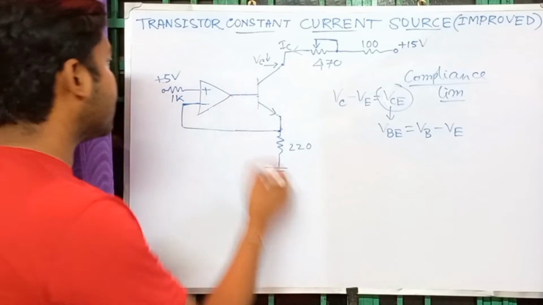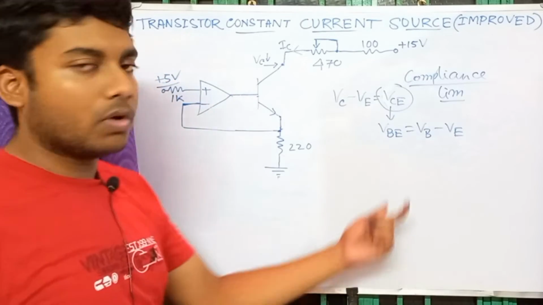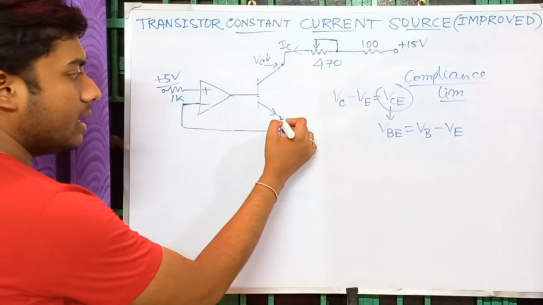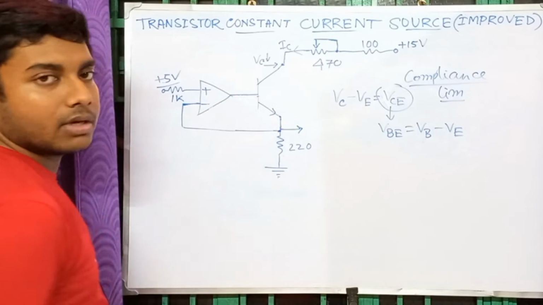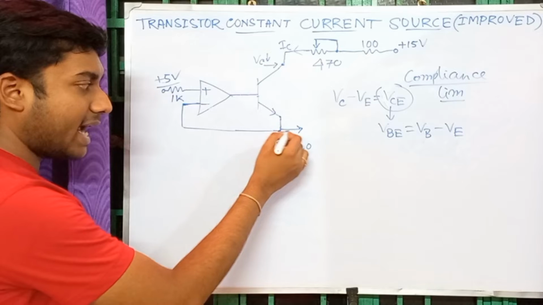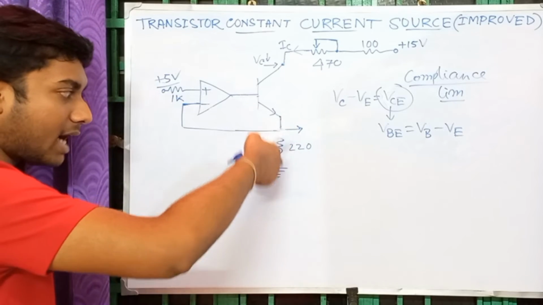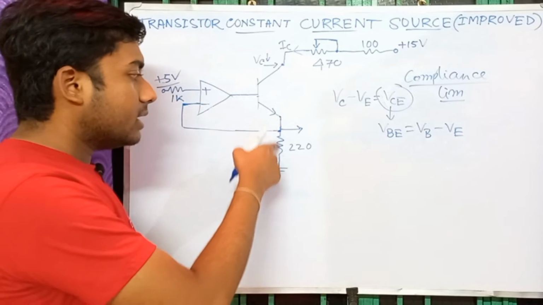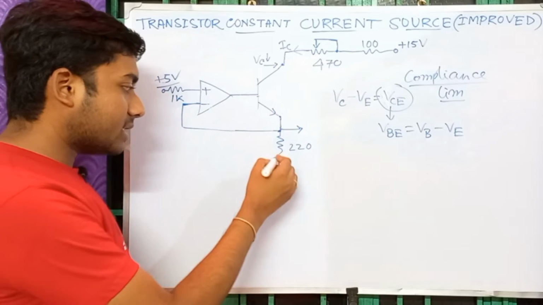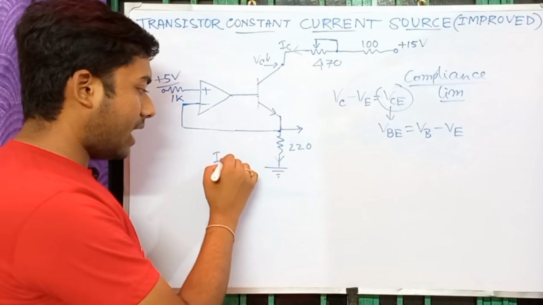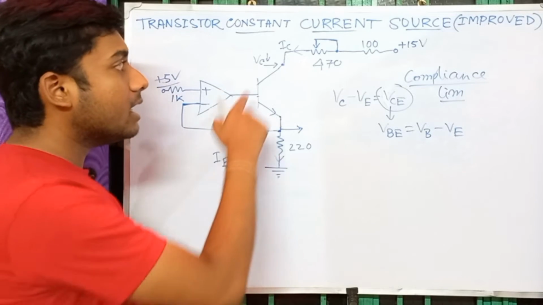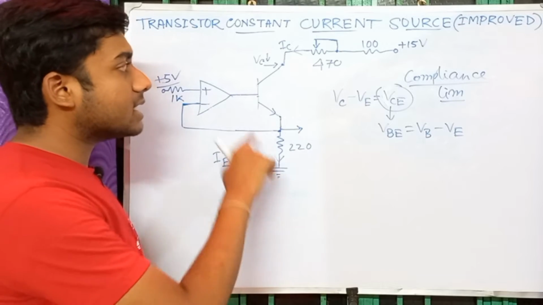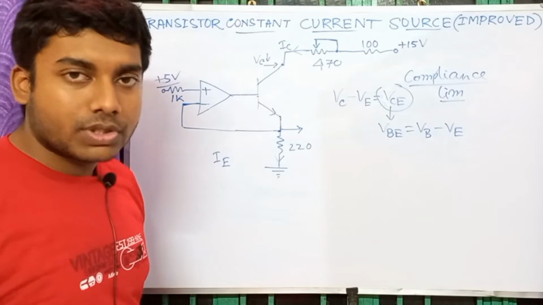Now VB is constant, VB is 5 volt DC, that means only VE will change, and as the voltage at this point changes, the current in this line will be changing. This current is nothing but our IE, and we know that IE is just equal to IC. That means as IE is changing, IC will also change.